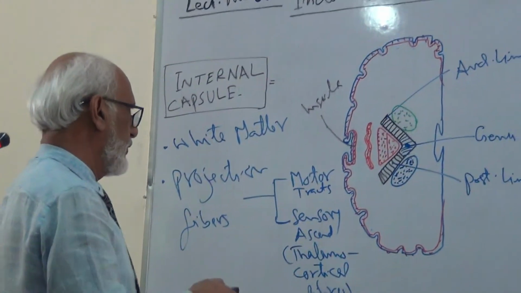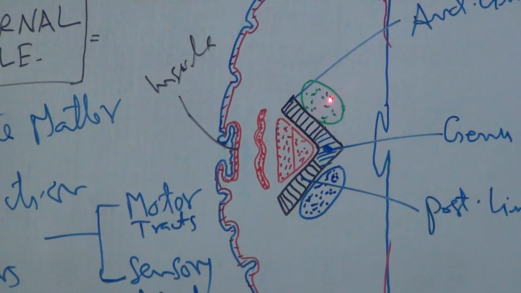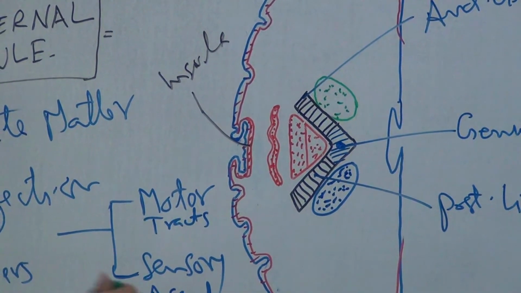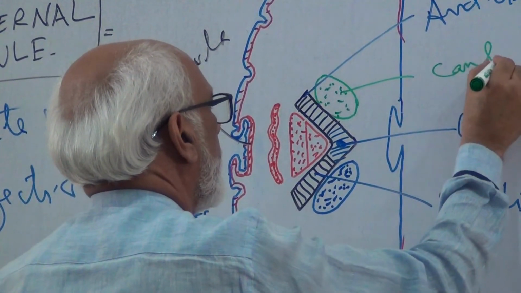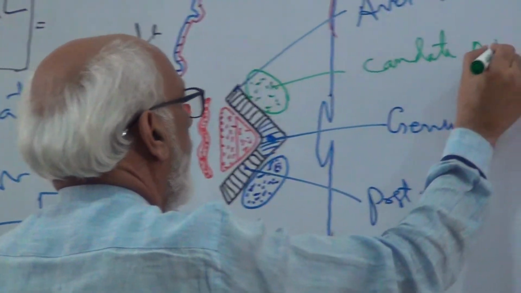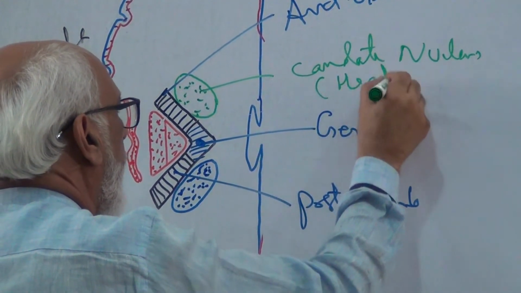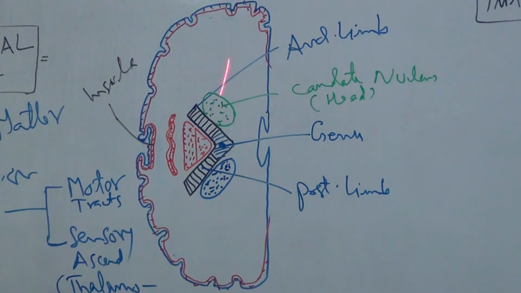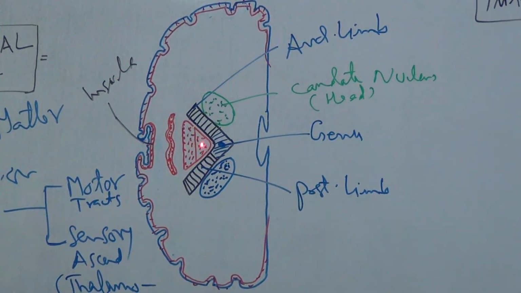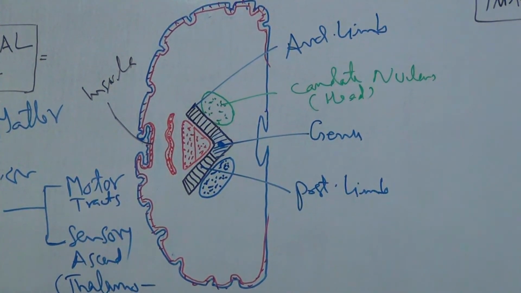The anterior limb, you can see it traverses between the lentiform nucleus and head of the caudate nucleus. Lentiform nucleus laterally and caudate nucleus head medially. And then posterior limb, again laterally is the lentiform nucleus and medially is the thalamus.